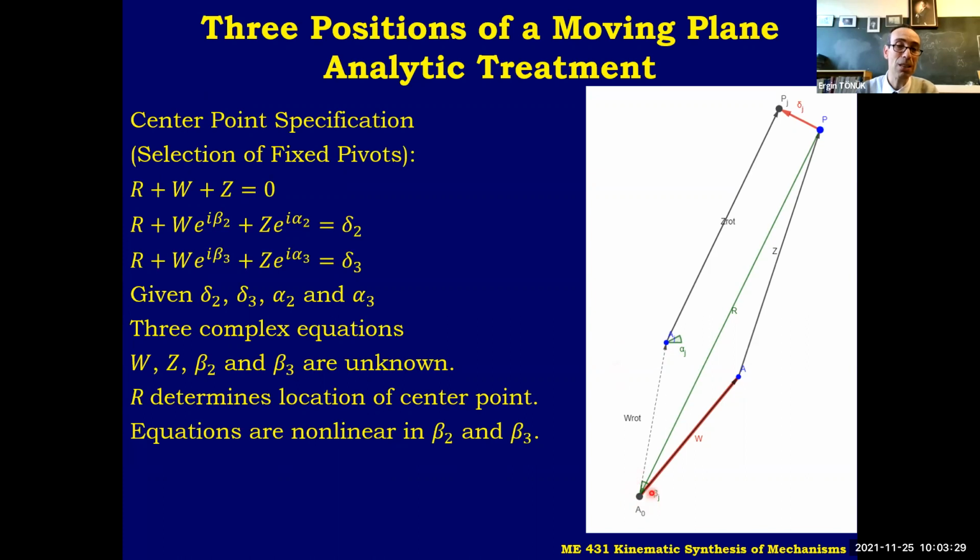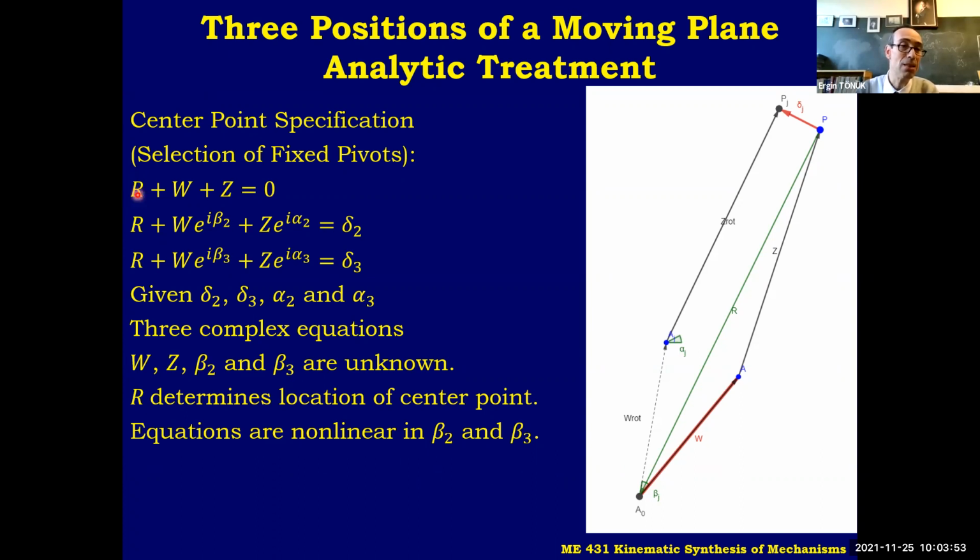So once you select the center of the circle, or in the inverted motion, when you select 3 points on the circle, its center is fixed. So this is what this equation is saying. Once you select A0, which corresponds to determining R, you have a unique solution.